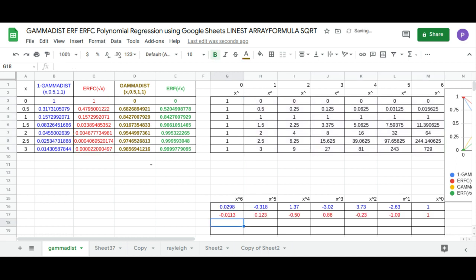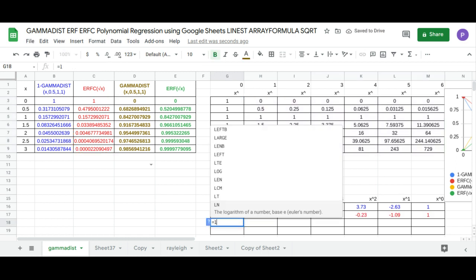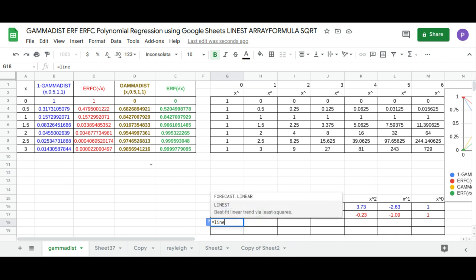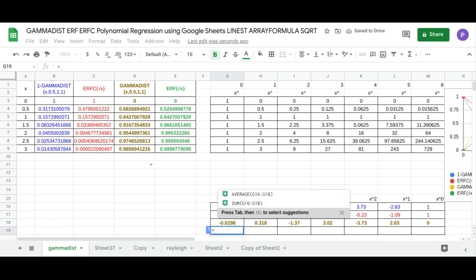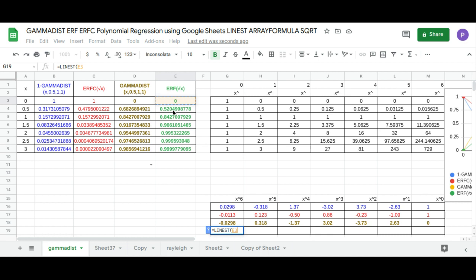And the cumulative distribution function of the GAMMADIST, LINEST, data y and data x. And finally, the error function, so LINEST, data y and data x.